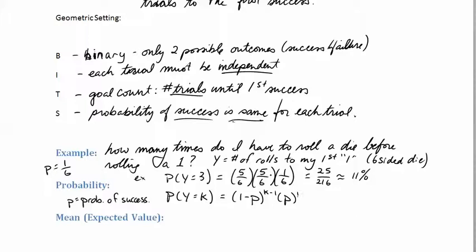So in our example, k was 3, and I had to do 1 minus p, in other words, 1 minus 1/6. I had to multiply 2 of those in with 1 of the probability of success. So k minus 1 is how many unsuccessful rolls I will have before I get my 1 successful roll. And that's our formula.